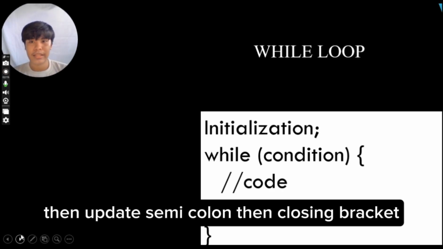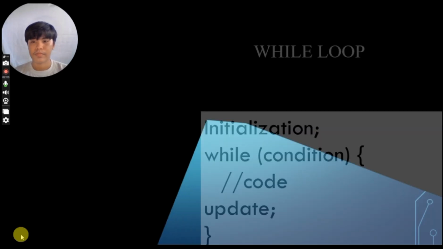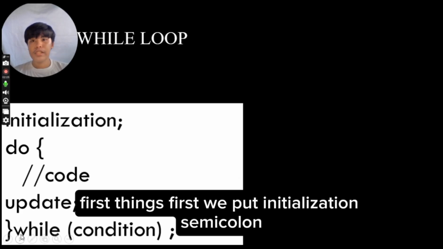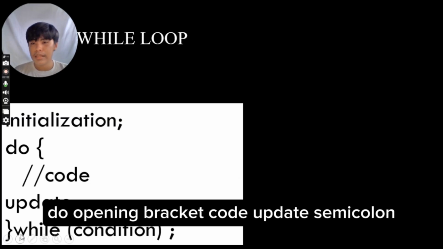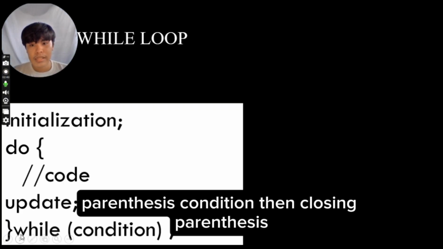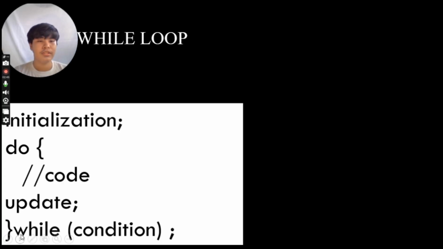Then update, semicolon, then closing bracket. Lastly, do while loop. First things first, we put initialization, semicolon, do opening bracket, code, update, semicolon, closing bracket, while, open parenthesis, condition, then closing parenthesis, semicolon.